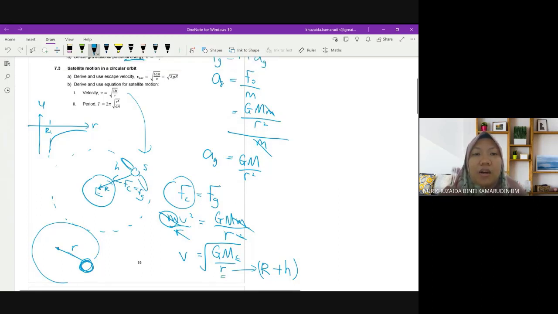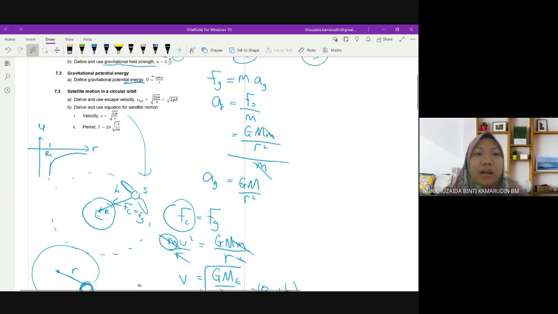Okay, alright, compare with the gravitational potential energy. Dekat sini R. So gravitational potential energy, you will see that over here, because gravitational potential energy is a measure of work done by the system to move object ataupun particle from one point to another point.